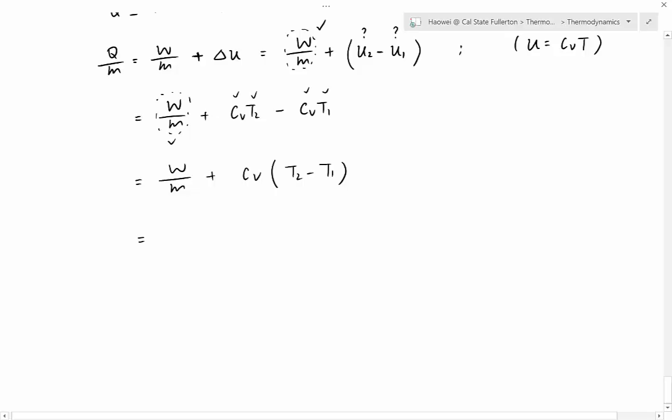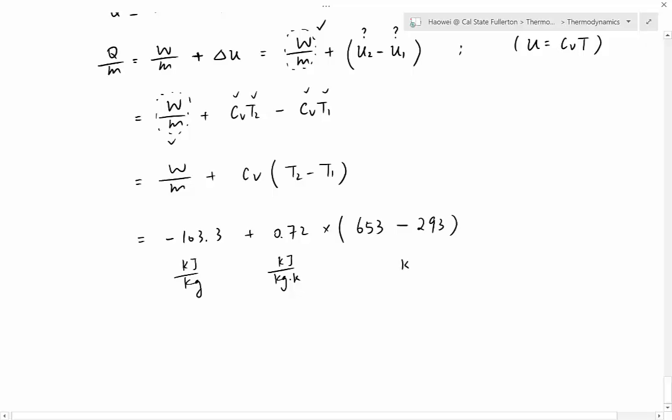W over M we found from before is negative 103.3, and the unit is kilojoule per kilogram, plus Cv. What is Cv? Cv is given, it's 0.72, also in kilojoule per kilogram per Kelvin, multiplied by T2. T2 is 653 Kelvin, minus T1. T1 is 20 Celsius, which is 293 Kelvin.